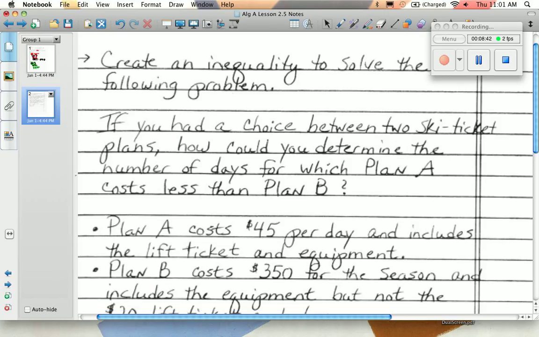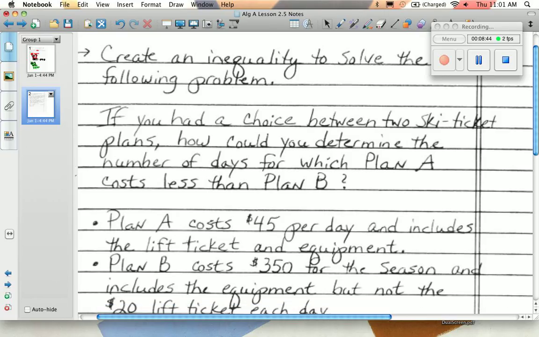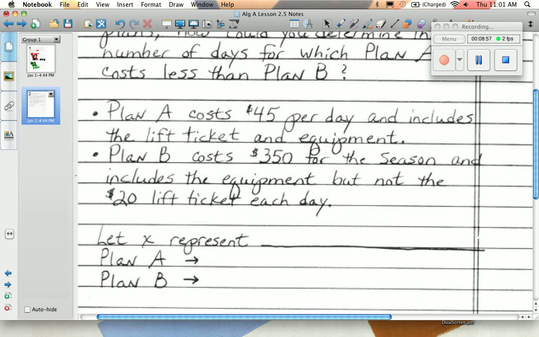Okay, so it looks like you're going to purchase a ski ticket, and you want to know which plan would cost less than the other, according to how many days you ride to ski. So they're going to give us this information. They're going to say Plan A costs $45 a day and includes the lift ticket and equipment. So you just have to pay $45 a day and everything else is included, right?